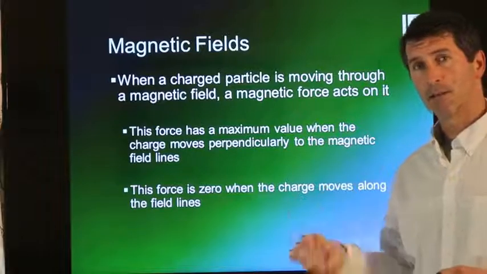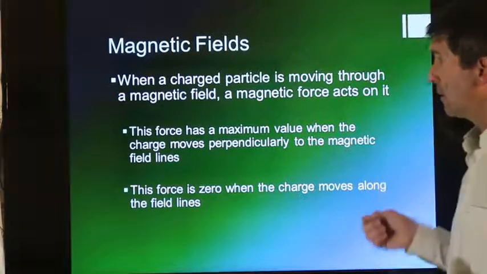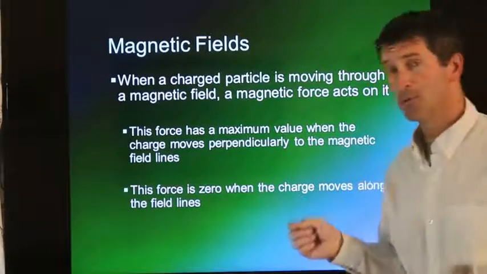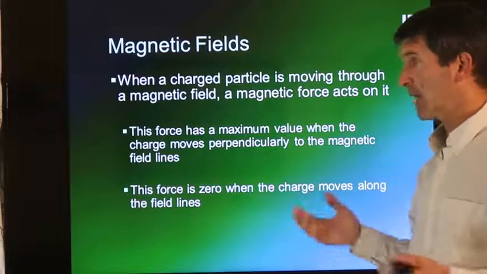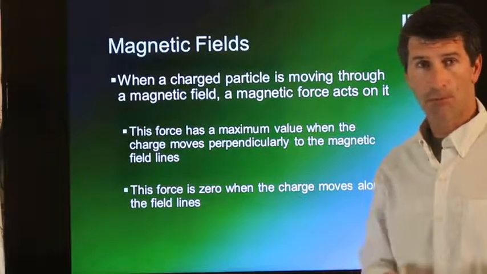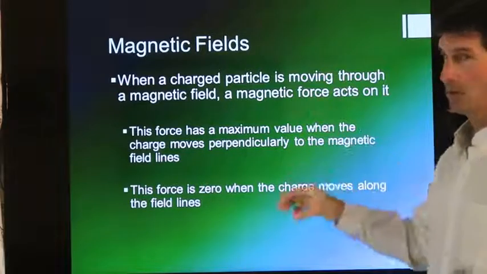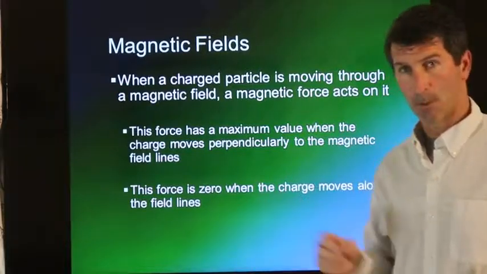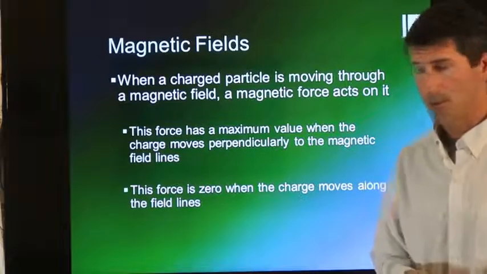A static electric charge is not going to feel a force. If the electric charge is moving with the field lines, parallel to the field lines, again, there is no force on the charge. It is only when the charged particle has at least a small perpendicular component to the magnetic field that it's going to experience a force.